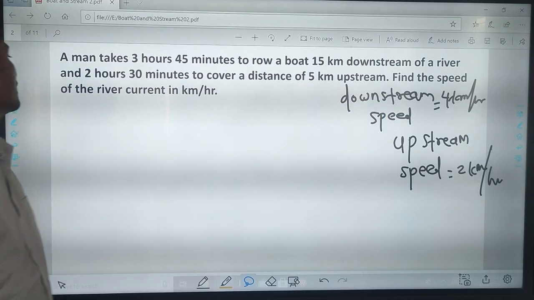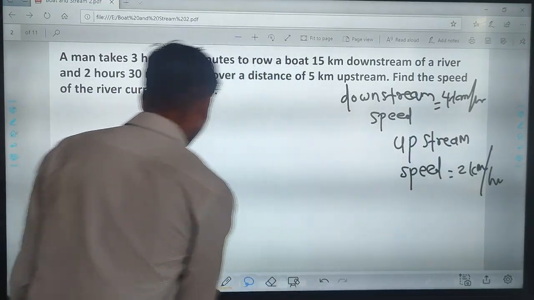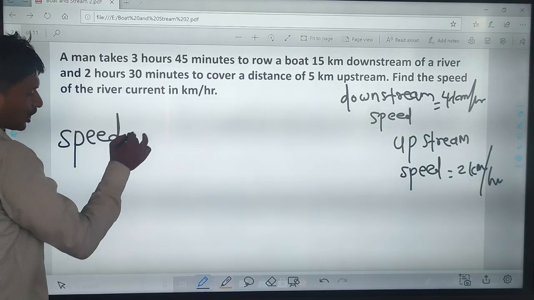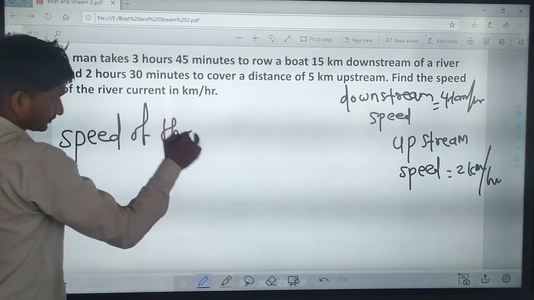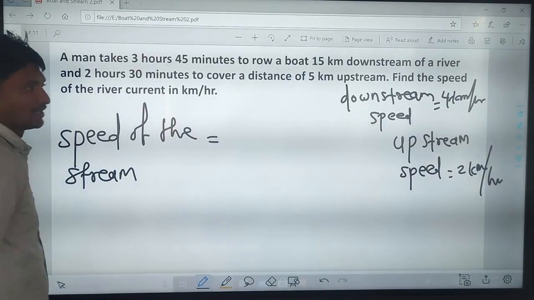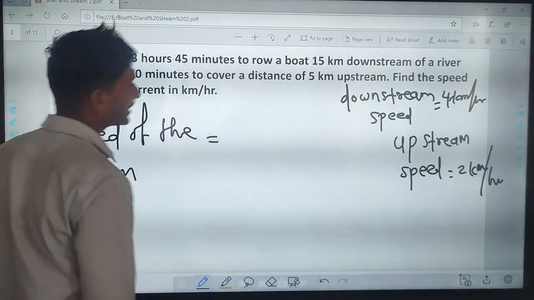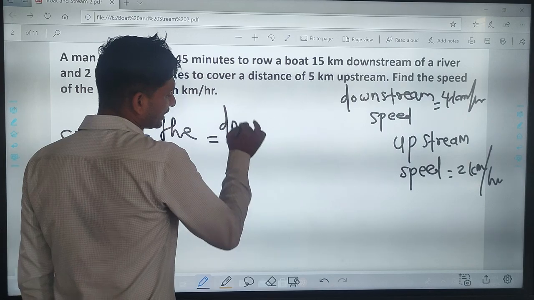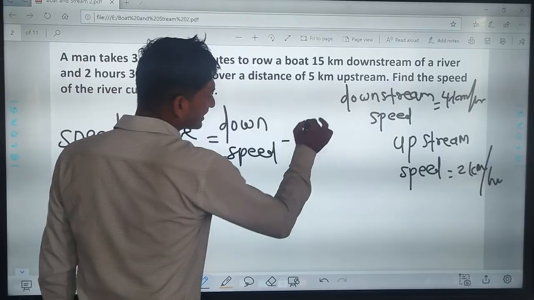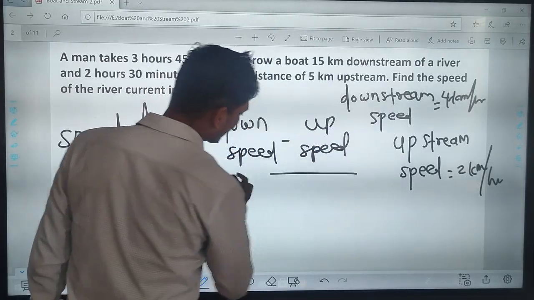Find the speed of the current, which means the speed of the stream. Speed of the stream is equal to downstream speed minus upstream speed divided by 2.